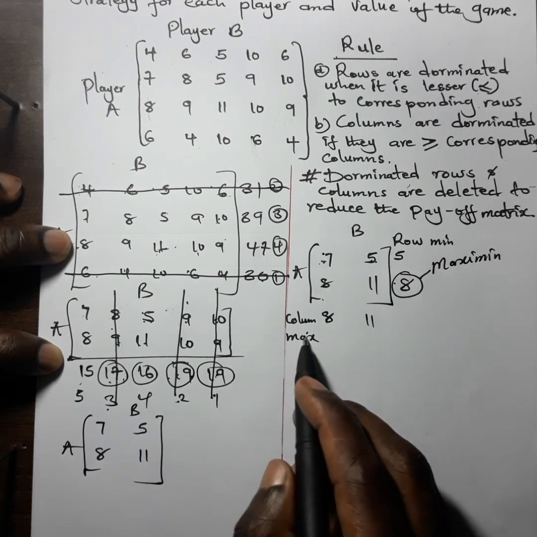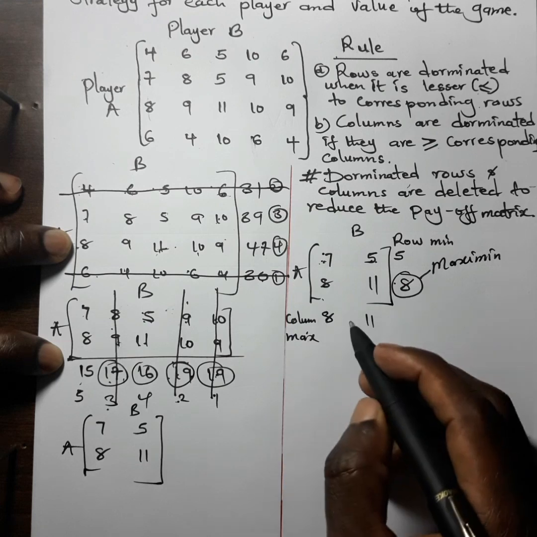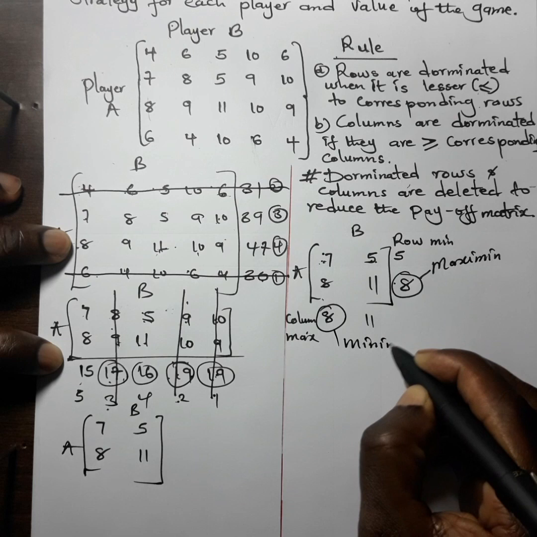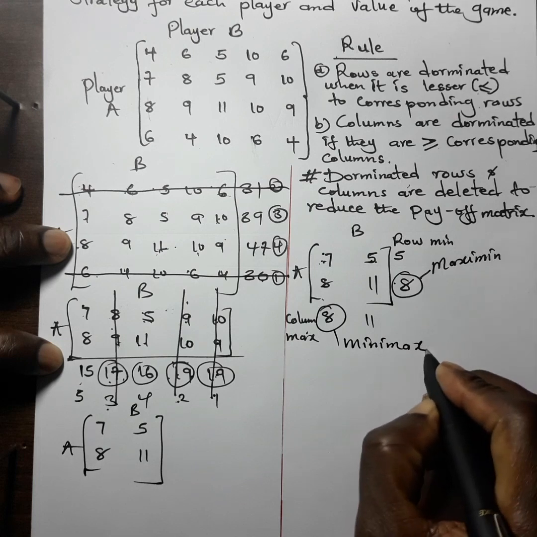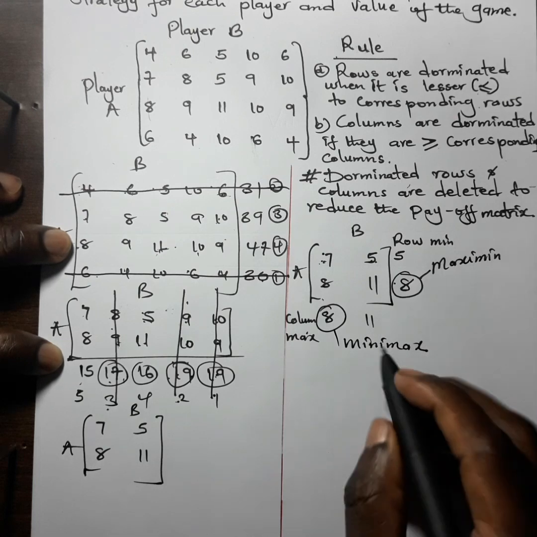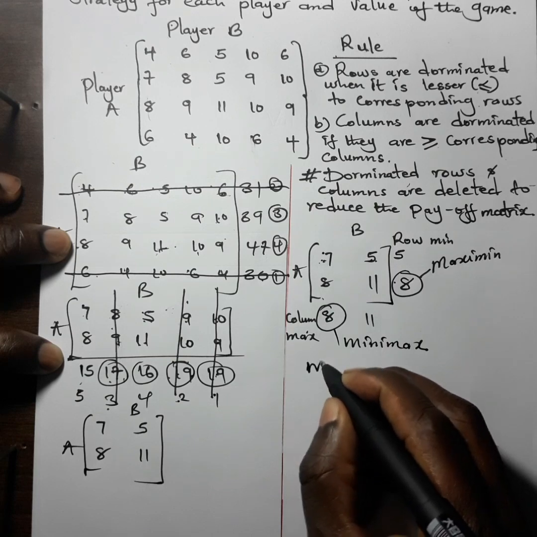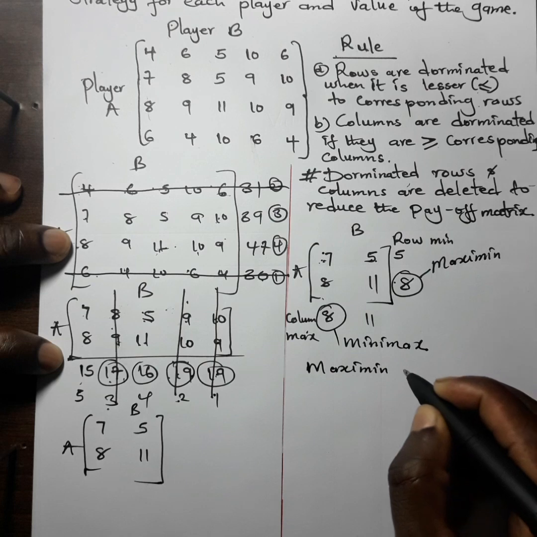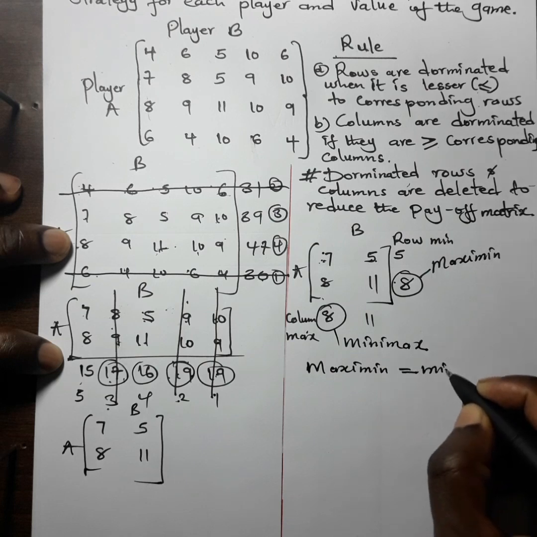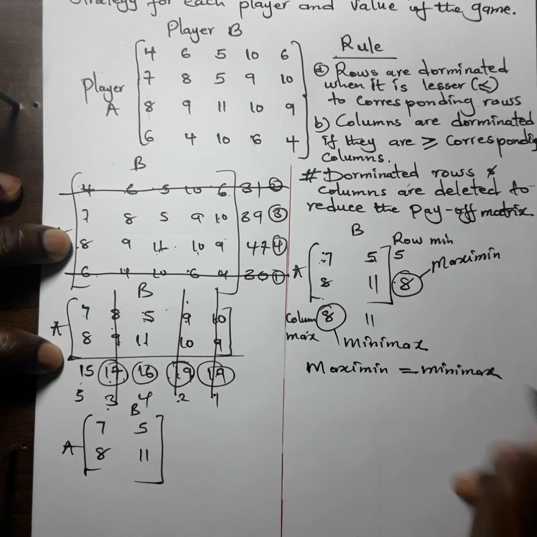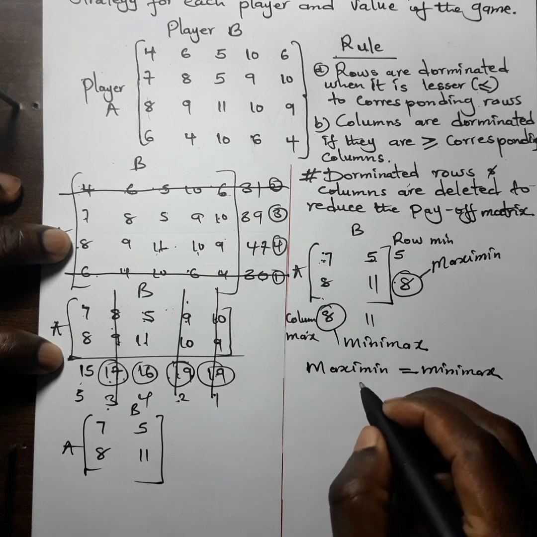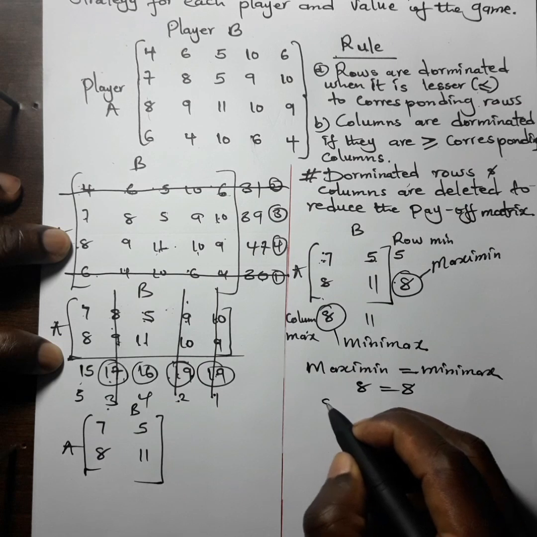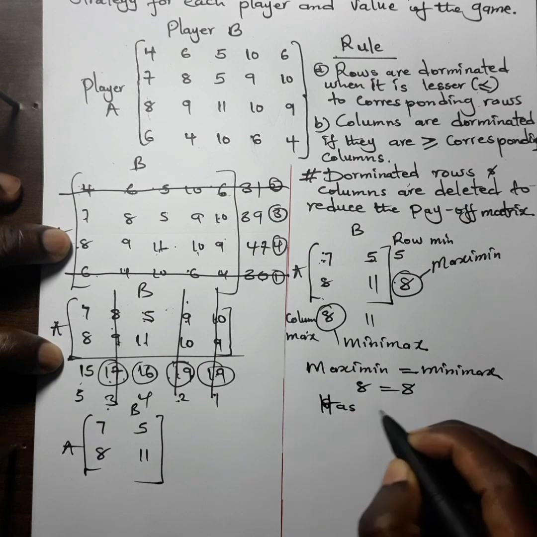But now, for the columns, we look for the minimum of the maximum. In this case, we have 8. It becomes the minimax, that is the minimum of the maximum. Now, because for this payoff matrix the maximin is equal to the minimax, in other words, 8 is equal to 8, it means there is a saddle point.